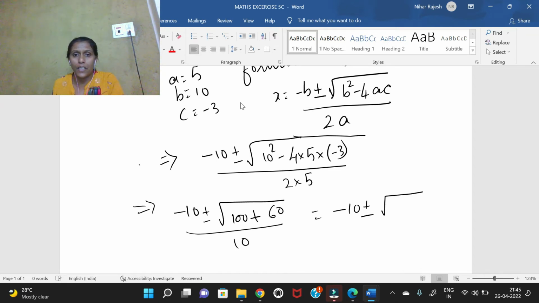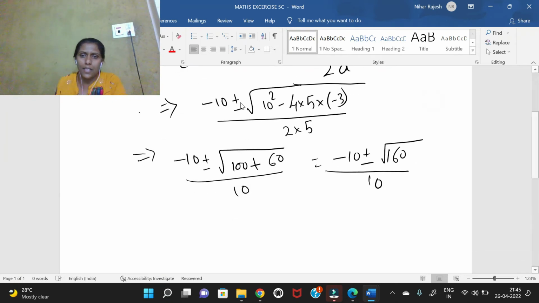So 4 5 is 20, 20 3 is 60, which is 160 divided by 10. Okay. So now what I'll do is, see, what is 160? It is nothing but 100 into 1.6 I can say, or it is minus 10 plus or minus.